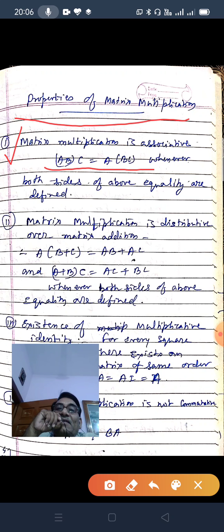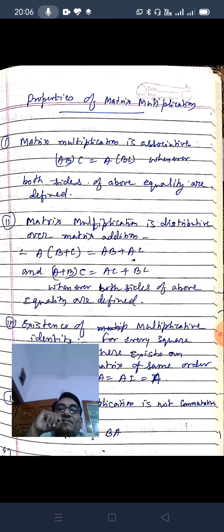Number 2, matrix multiplication is also distributive over matrix addition. That means A(B plus C) is equivalent to AB plus AC, and similarly (A plus B)C is equivalent to AC plus BC, whenever both sides of the equalities are defined.